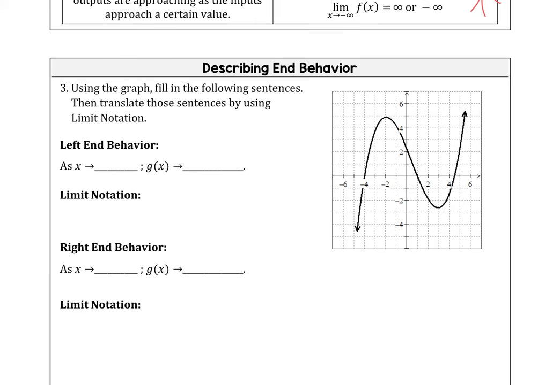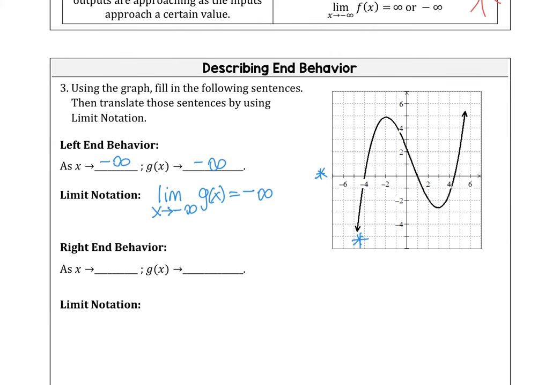So the left end behavior, using that graph, as x approaches to the left, over here, as x approaches negative infinity, the y values are approaching negative infinity. The limit notation would be the limit as x approaches negative infinity on our function name, which is g of x, is also approaching negative infinity.